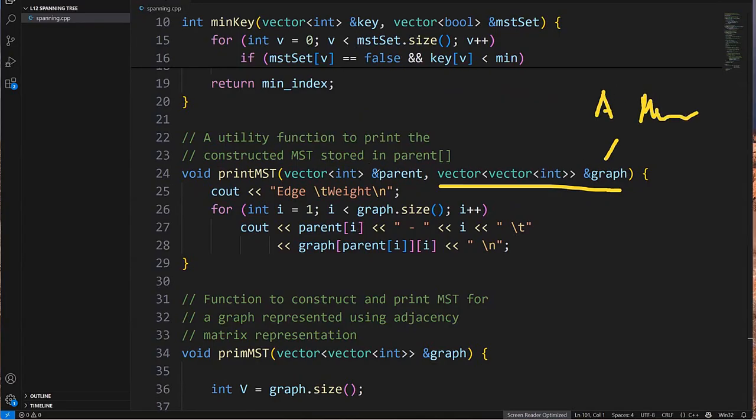And you also have the parent vector. That's actually your root node. Okay, root node, your starting root node, and your graph. So based on that, you go through the graph size and then you try to print it. Okay, you try to print it.